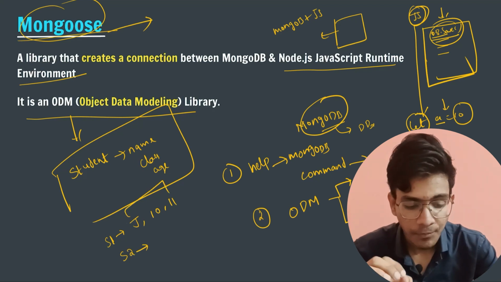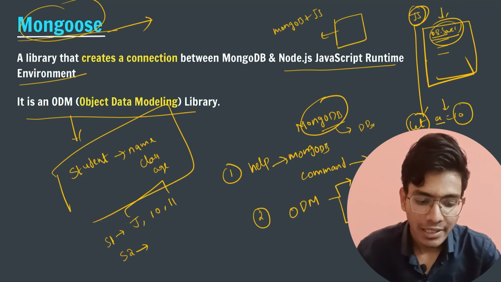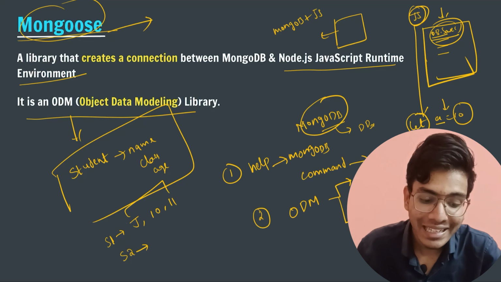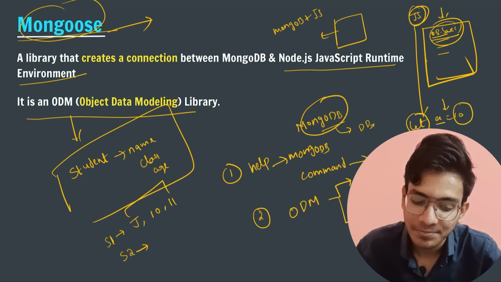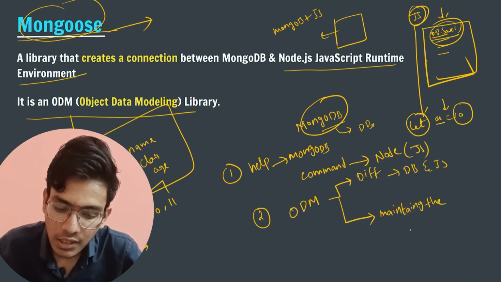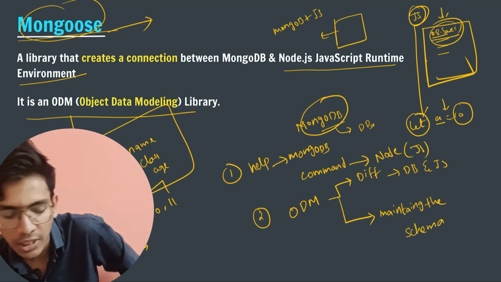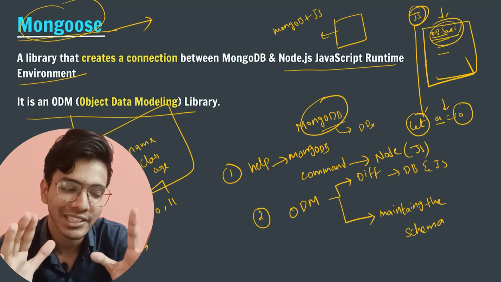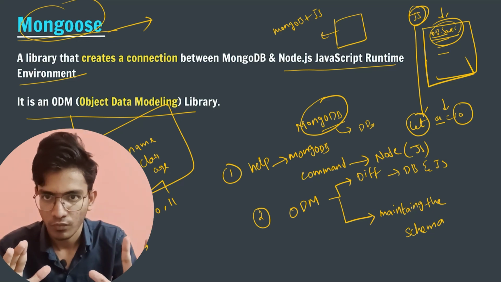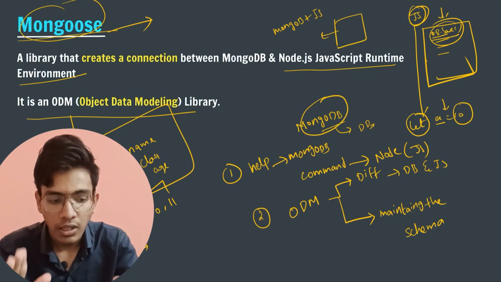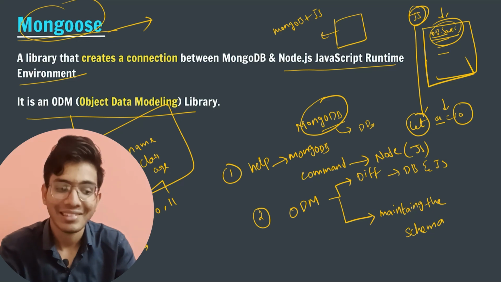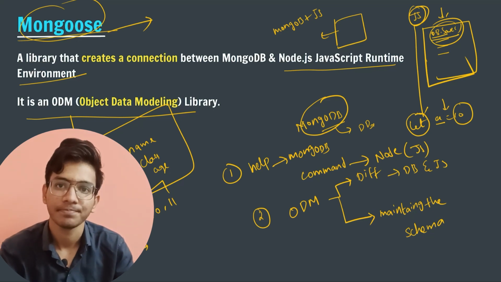So here the second point is that ODM helps us in maintaining the schema of the created database. It means that a schema is nothing but a structure, or you can say an order, which is followed by the created database.